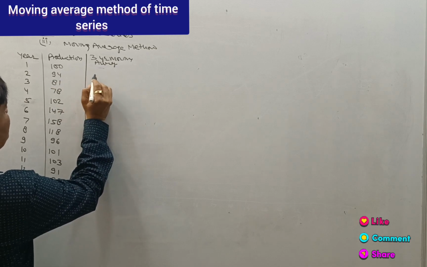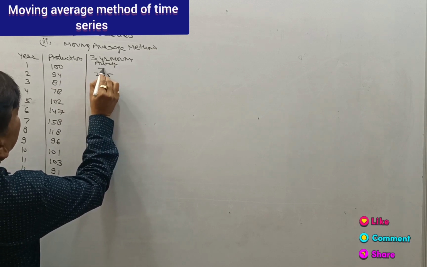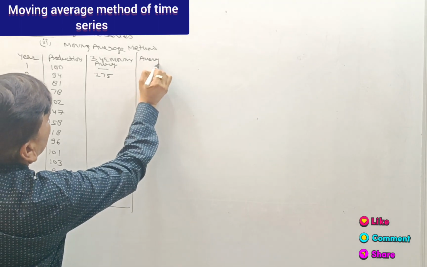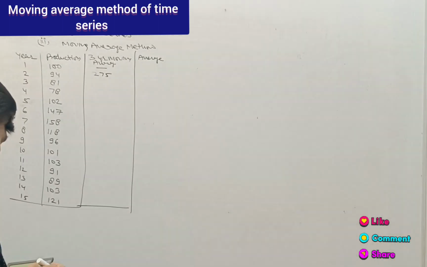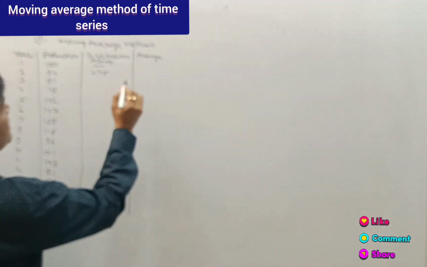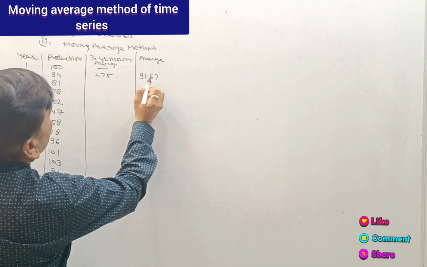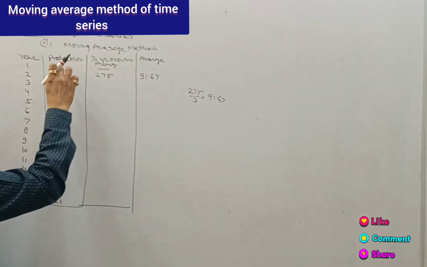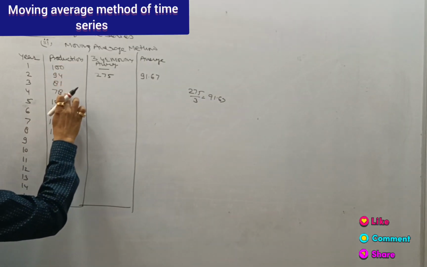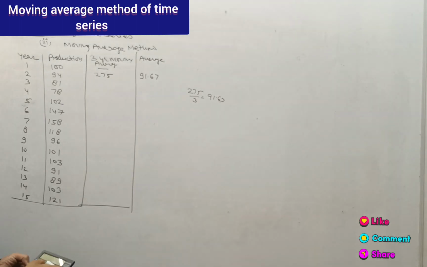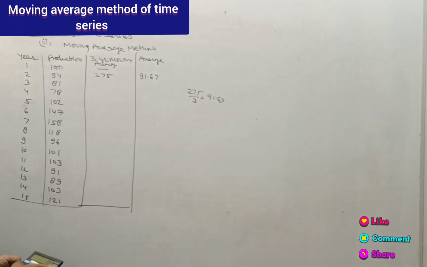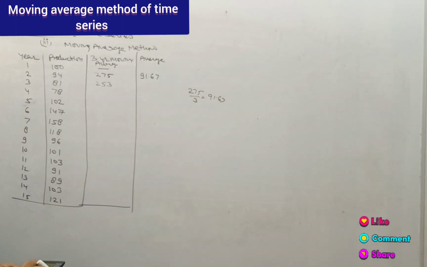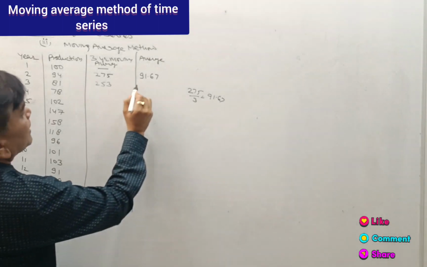Getting the average, 275 divided by 3 is 91.67. Now for the moving average, leaving 100, we add 94 plus 81 plus 78, that is 253, and divided by 3 we get 84.33.